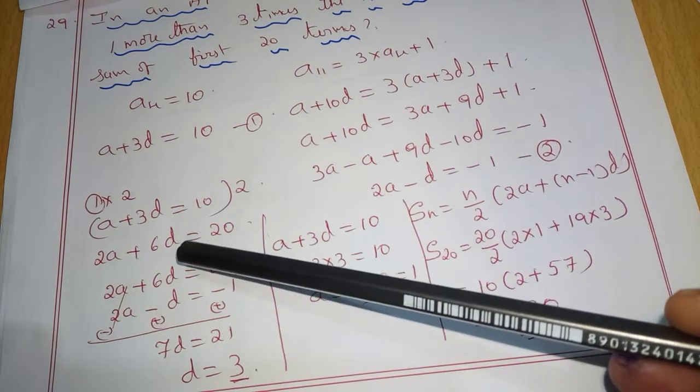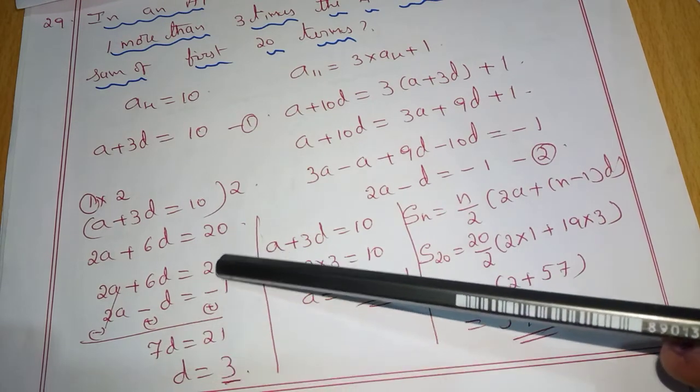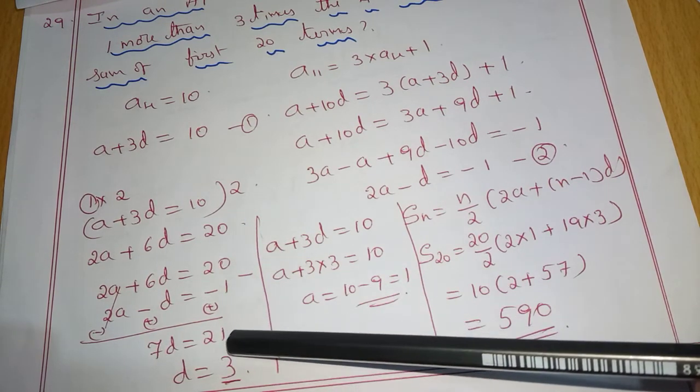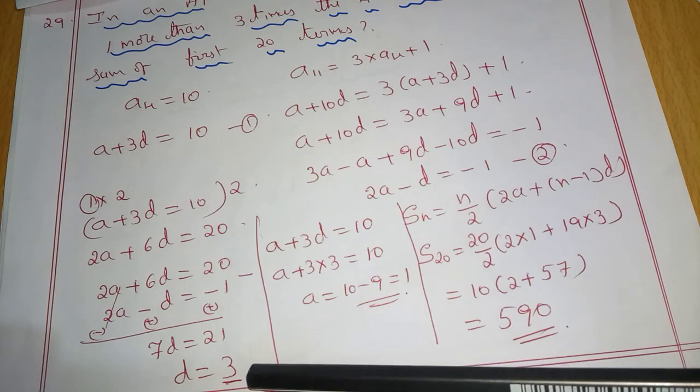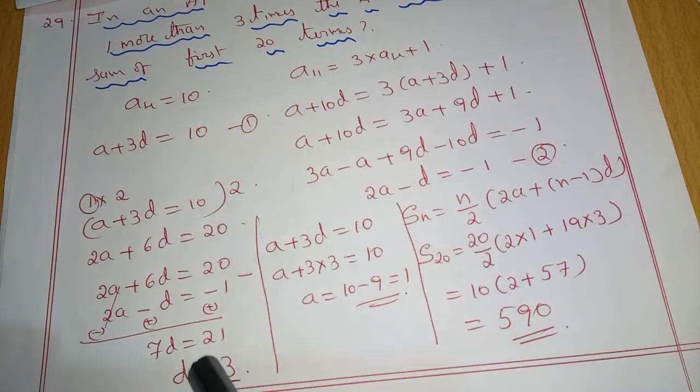Two A cancels. 6D plus 1D is 7D. 20 plus 1 is 21. 7D is equal to 21. D will be how much? 7 3s are 21. Therefore, answer is 3.